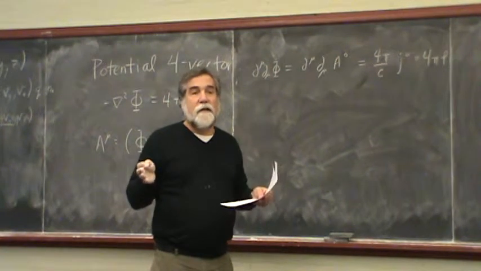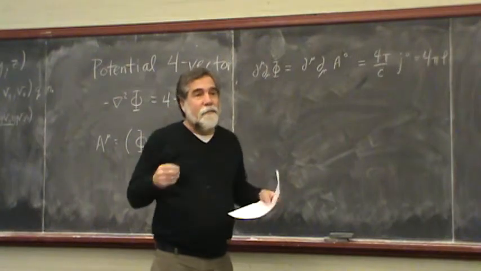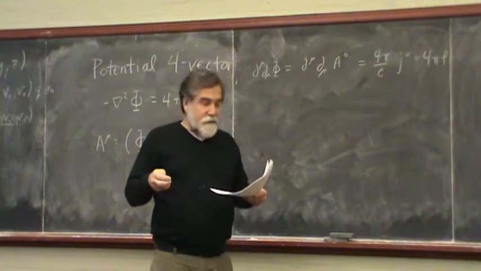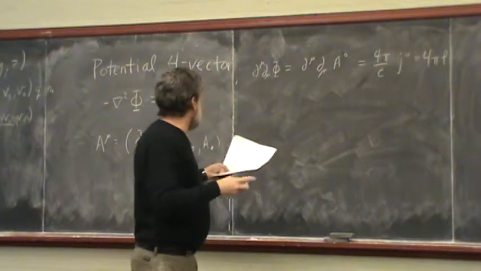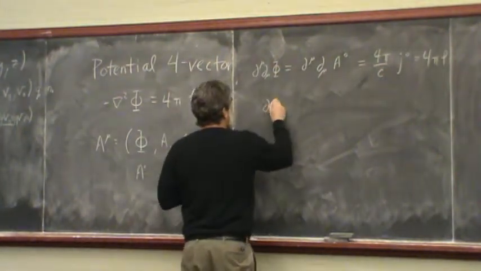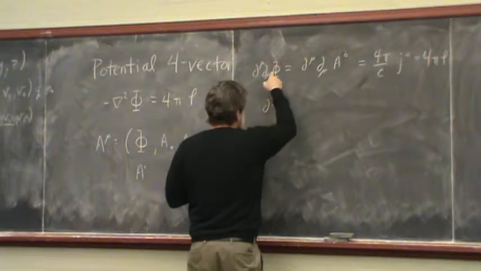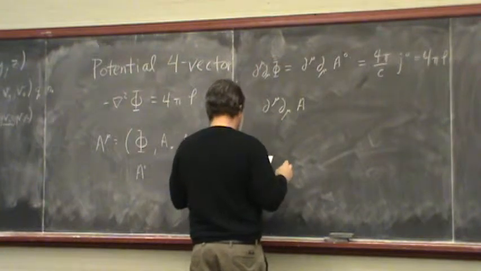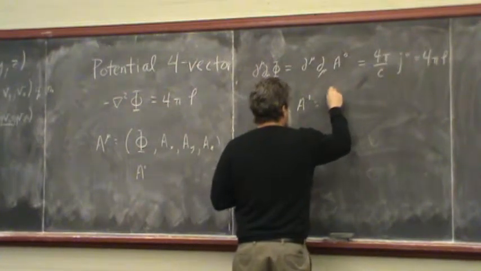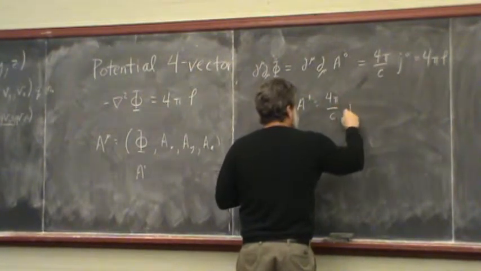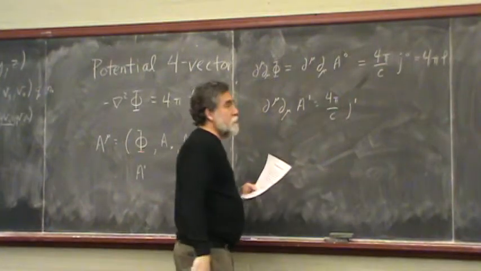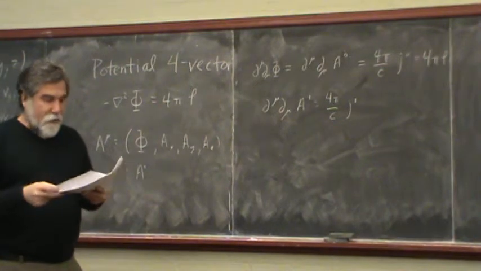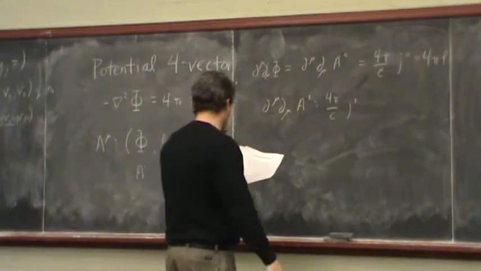It jumbles them, and so each of these terms has to obey the same relationship. So I know this has got to be true: A1 equals 4 pi over c J1, and so on, J2, J3. They've all got to apply.